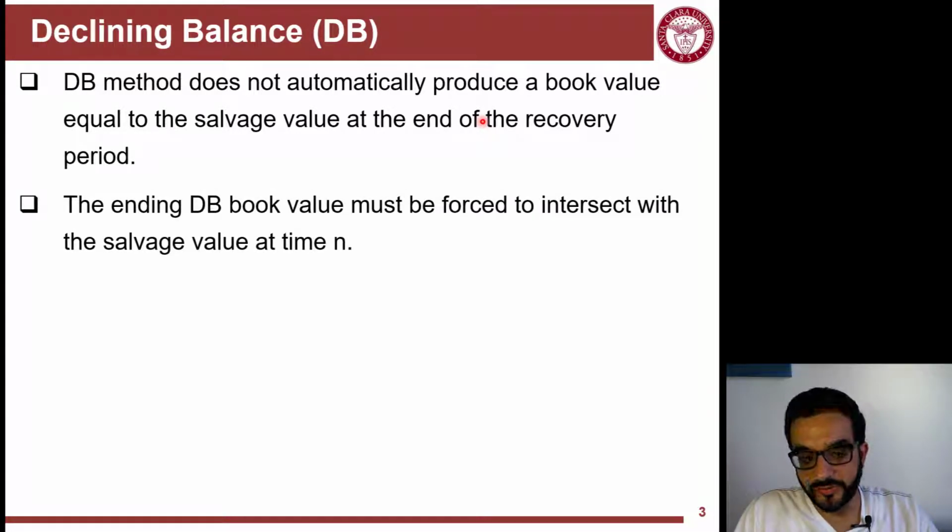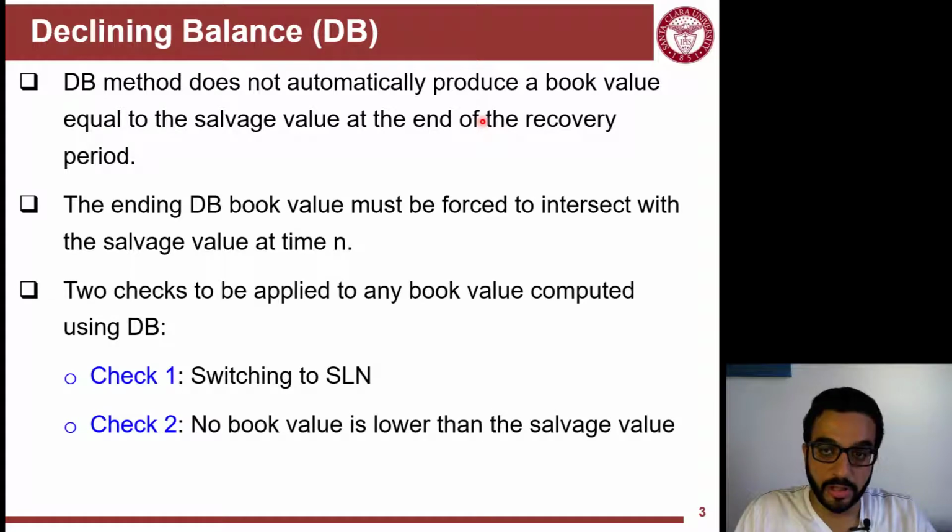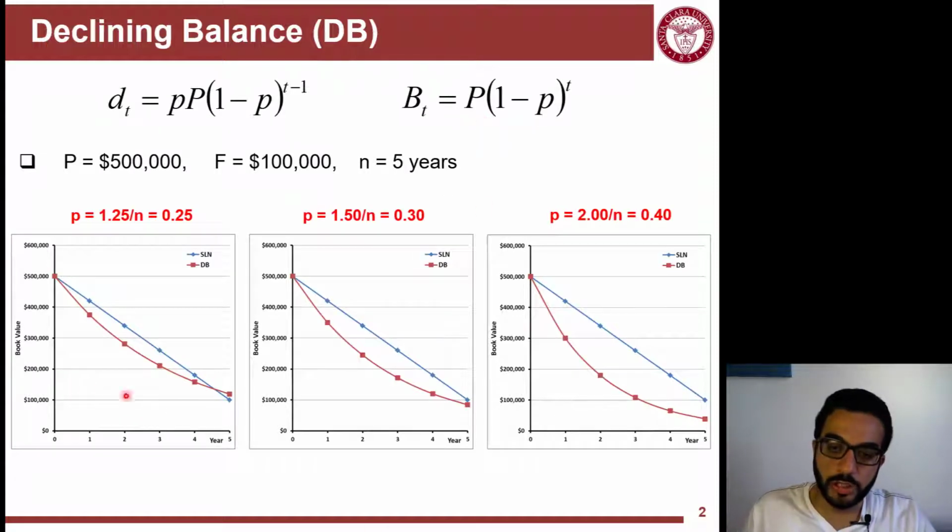This is an issue, and we'll resolve it manually, so we'll not depend completely on the formulas we have. We will apply 2 checks, depending on the problem and the case you face. If I go back to the slide, will your last book value end up above the salvage value or below the salvage value?